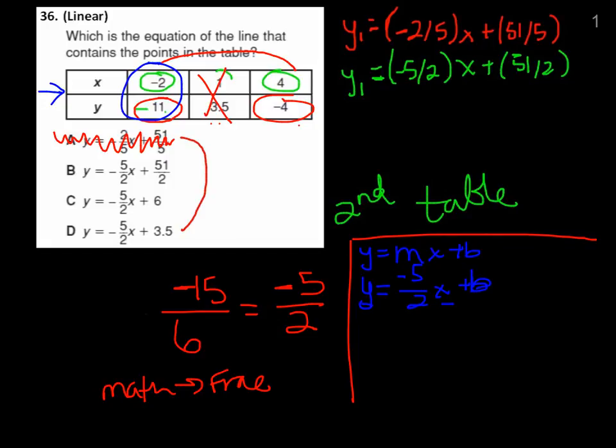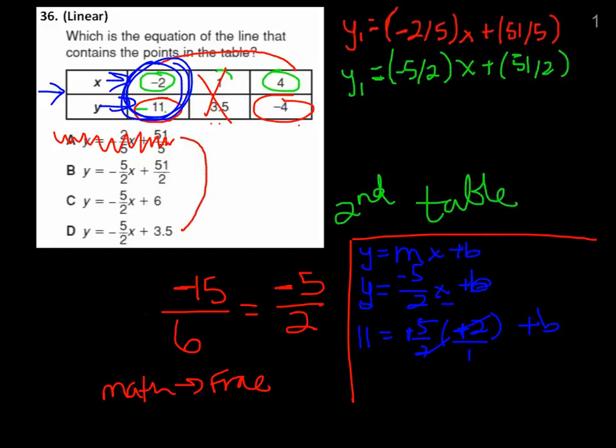So let's try this 11 and -2. So we'll have 11 equals -5 over 2 times -2. Remember, we got those from here. There's that y, there's the x, plus b. Alright, the negatives here are going to cancel. And that's 2 over 1, or you can think of multiplying by 2.